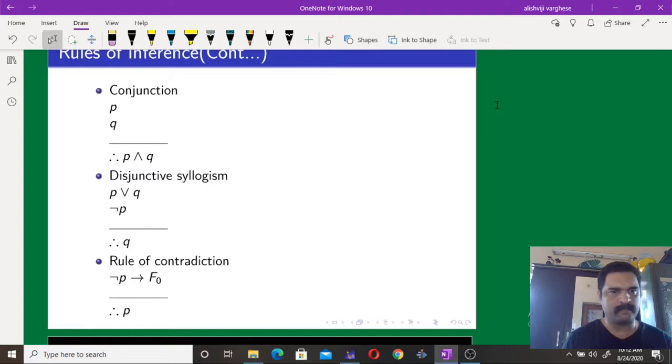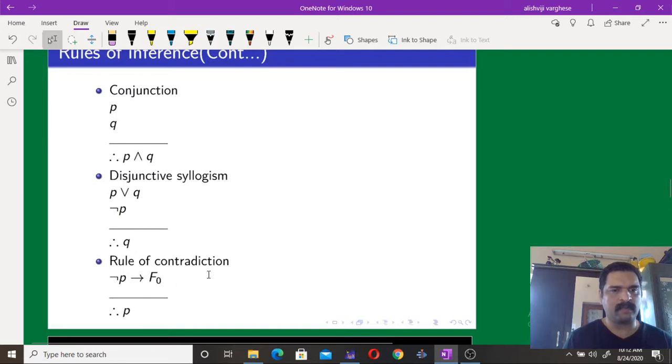Disjunctive syllogism: P or Q is true, and negation P, that is, P is false. Then obviously Q is true. Either P or Q or both are true, that's the meaning of the first statement. And the second one, negation P, means P is false. So the only possibility is that Q is true. So the conclusion is Q is true.